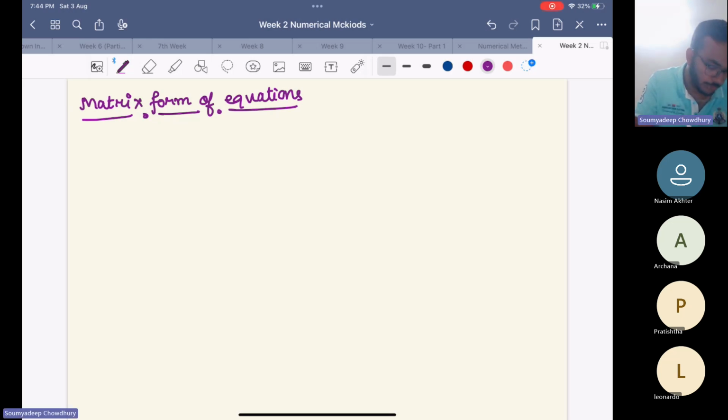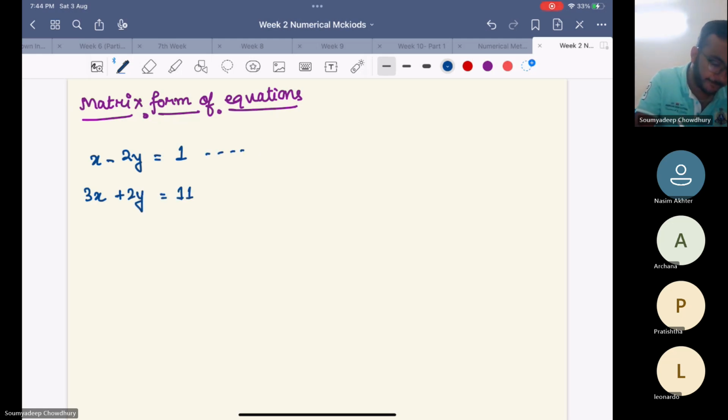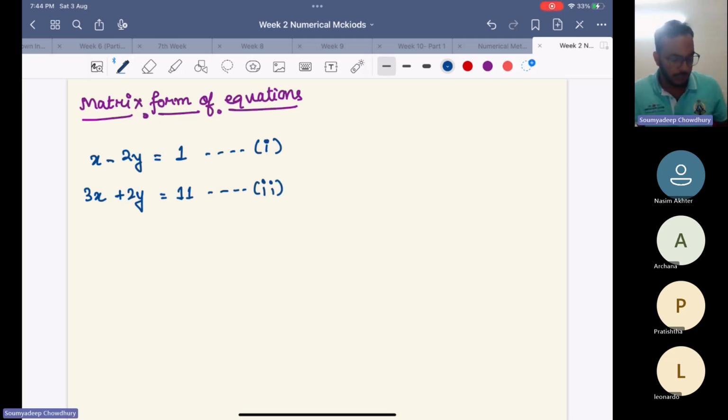So suppose we take the same equations we were taking. So we have these two equations, right?